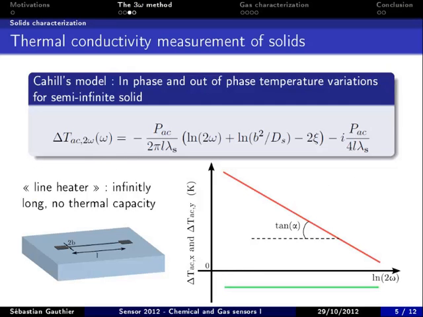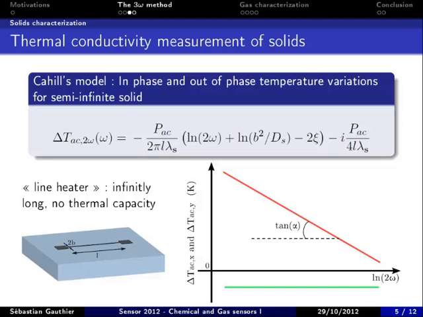So that's the principle of the 3 omega method, and if we use a specific geometry for the sensing element, we can derive an analytical model in order to deduce the thermal properties of the substrate. So that's what Cahill did, and he used the so-called line heater geometry, which means that he supposes that the wire is infinitely long and that you can neglect the thermal capacity of the wire.